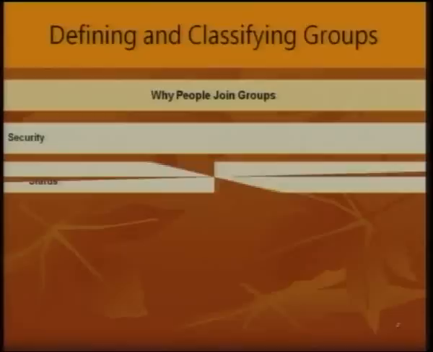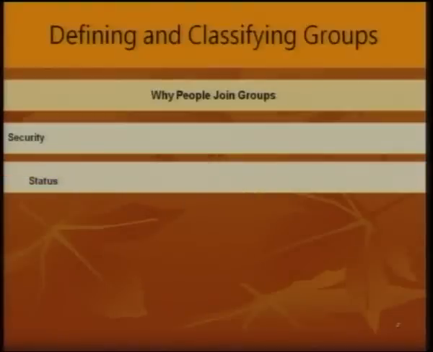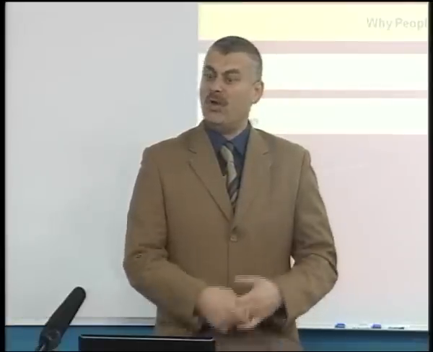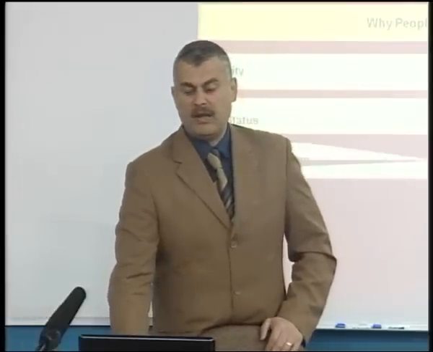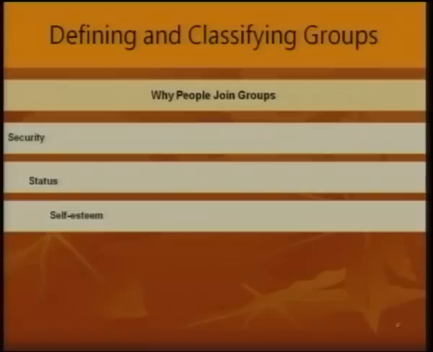Of course, there are other reasons, for example, status. Each group, through its members and its role, earns some sort of respect and status, and this is due to its members also. Then self-esteem: individuals feel they can accomplish things because they are members of an important group.